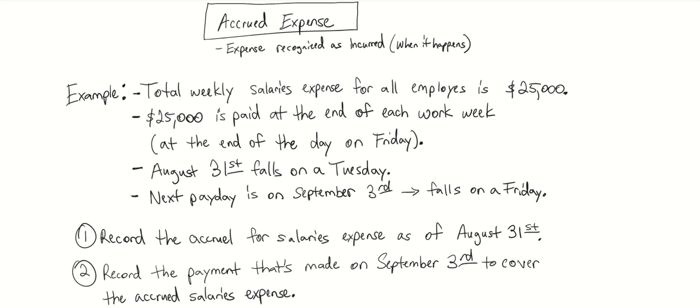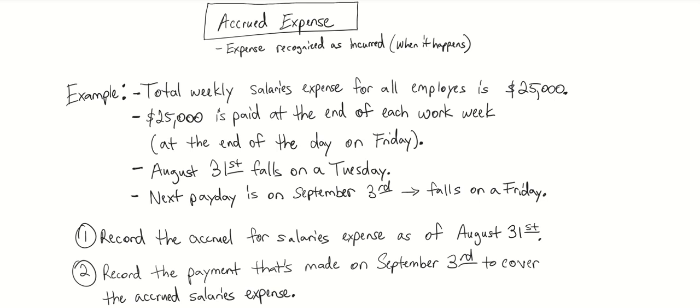That's them accruing an expense in their books, even though cash has not been paid out yet to the workers. So they have to accrue the expense when it has happened. That's what accrued expense means.